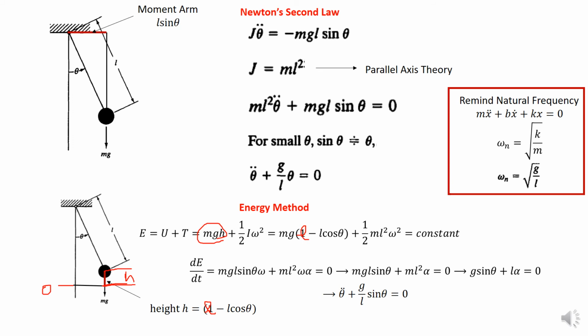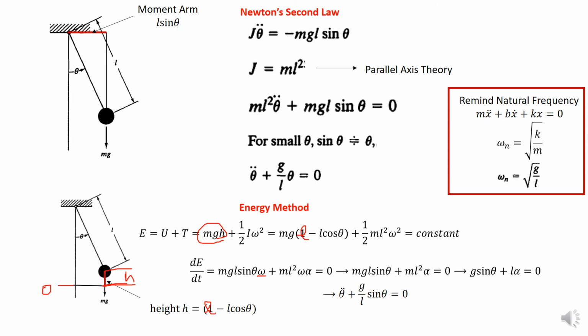For the second part, mgL cosine theta, the derivative will be negative, but after differentiating, the negative cosine will become sine. So it will be mgL sine theta multiplied by d theta dt, which is omega.